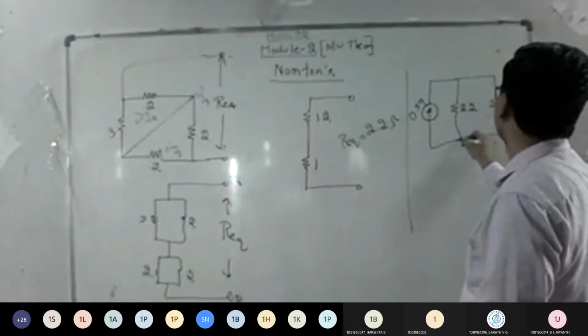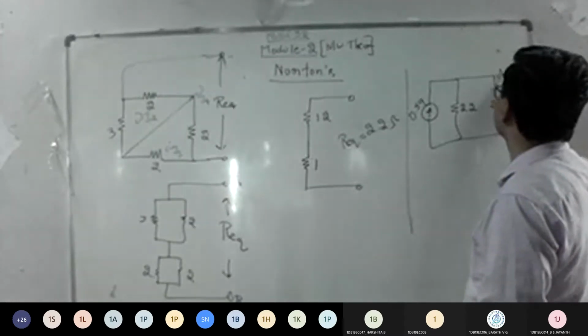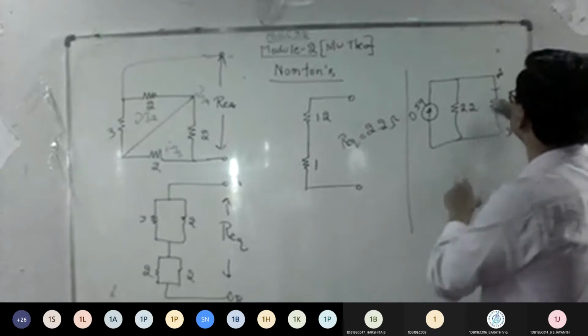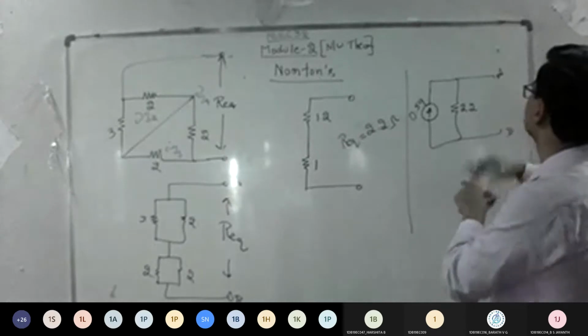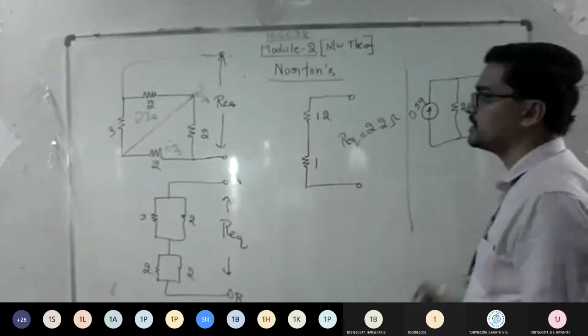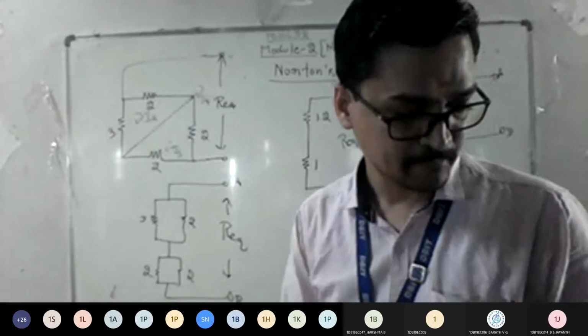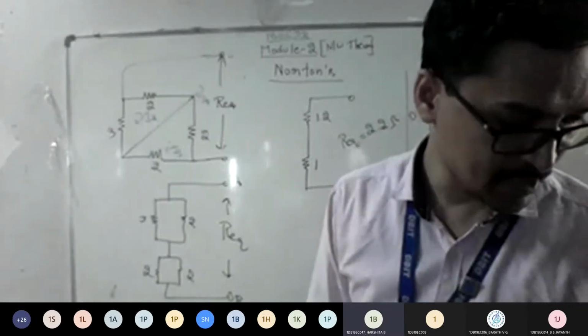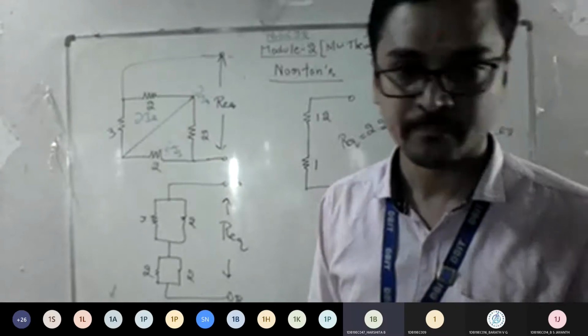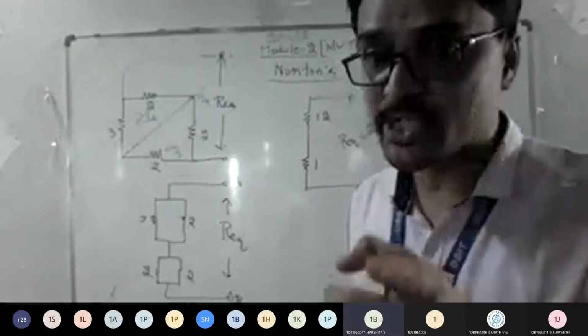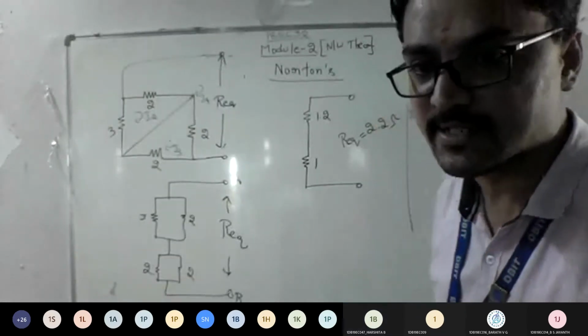Then the load is there. Across the load, nothing is given, right? They have not given any load values here. They must have given 1 ohm in the question. It is not in the diagram, but in the question they have mentioned the value of the load resistor is 1 ohm.